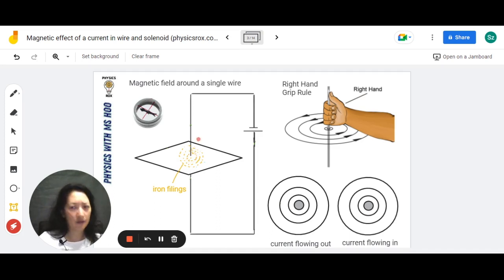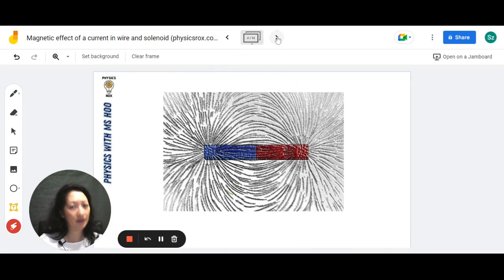If you're wondering, are you sure this is how we prove it? Now let's recall what we have learned about magnets. Just taking a quick look at this picture here, this is a permanent magnet, a bar magnet. And these black bits here are actually iron filings. As you can see, the iron filings form shapes.